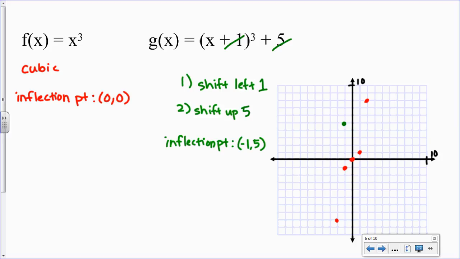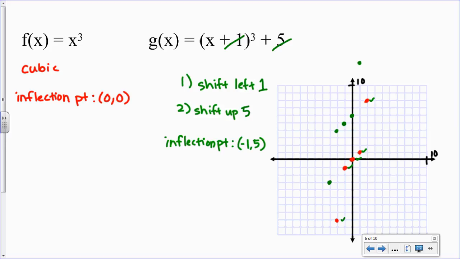Okay, so maybe I'll put a little check mark next to that point so I know that I moved that one. So if I do this one, left 1 and up 5, up here, left 1, up 5, and I move that one, left 1, up 5, and left 1, up 5.